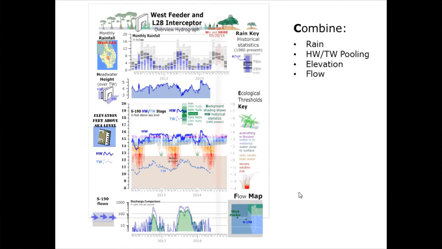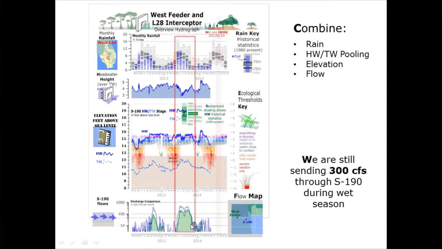Makes sense, right? So we can combine, here's a hydrograph, combines rainfall, headwater, tailwater, our headwater condition, and then discharge through the S190 in blue, and across the west feeder in green. And I guess the take-home point is here, despite backing up all that water, we still have 300 CFS moving through the S190 during the wet season.